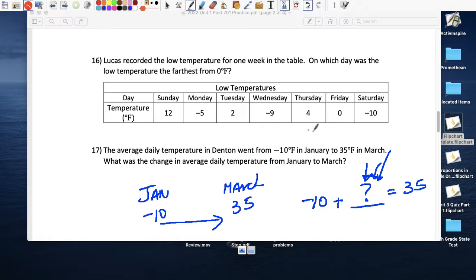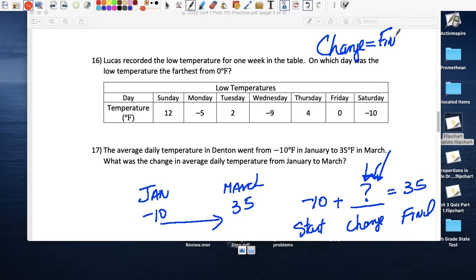So if you think about what we did the other day in class, we want to find the change. Remember, this was the start, this is the change, and this is the final. So the change is final minus start.